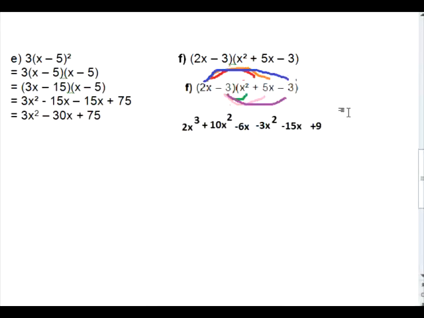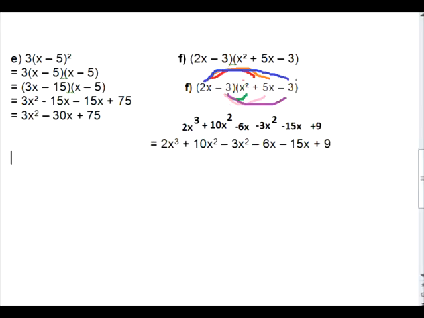Okay, so I'm going to rewrite them like this. What I did was I just moved it so that the x cubeds were by themselves, the x squareds were together, the x's were together, and then the numbers were together.